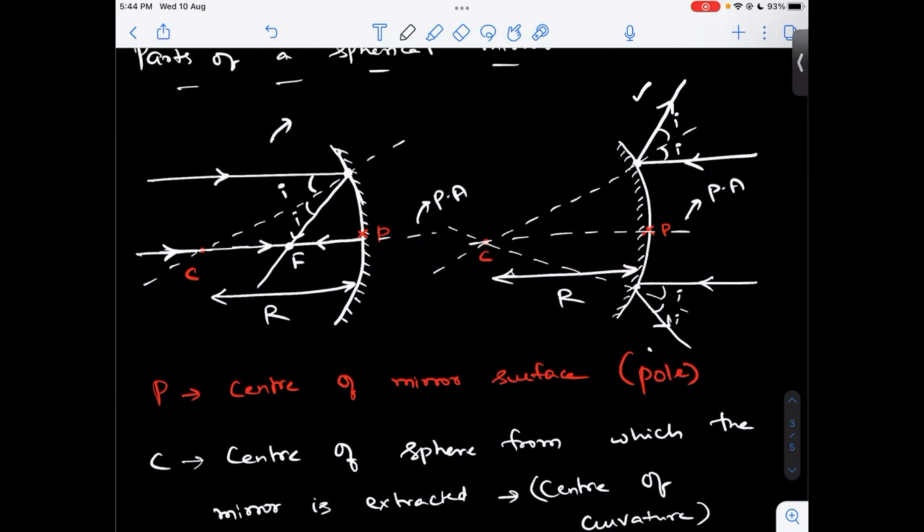So the first reflected ray and the second reflected ray have no chance of meeting at all. So when you try to extend them in the backward direction, they appear to meet at a point on the principal axis, which you call the focus. Or some books put it like this: it appears as if the rays are coming from the focus. That also makes sense. Right?